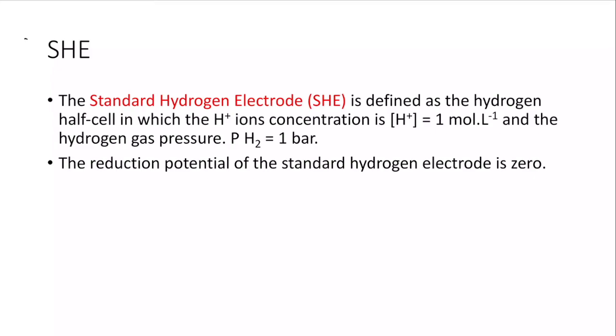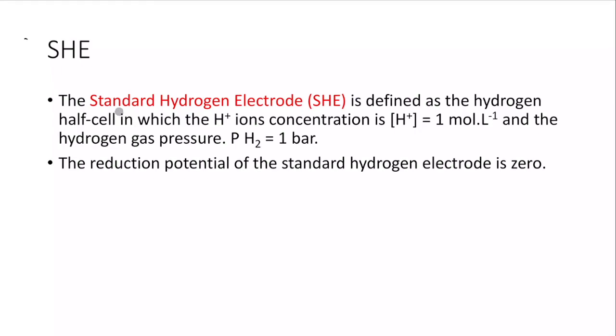We said that we need a reference, but the universal reference in our case is the standard hydrogen electrode, and for any metal, the only reference is the standard hydrogen electrode. When I mentioned copper as a reference, it was just to make sure that we need a reference when we calculate the reduction potential. So the standard hydrogen electrode is our reference. The reduction potential of the standard hydrogen electrode will be zero.